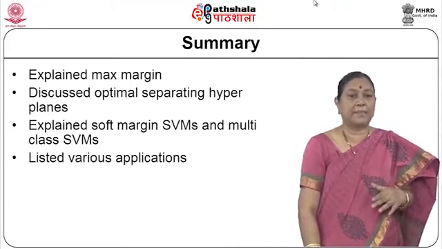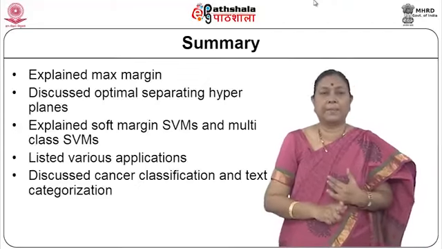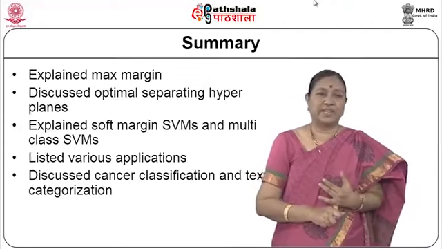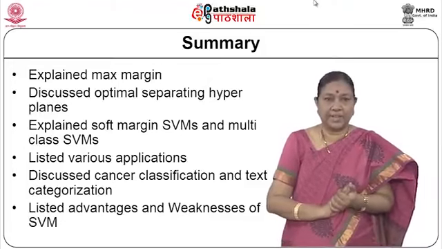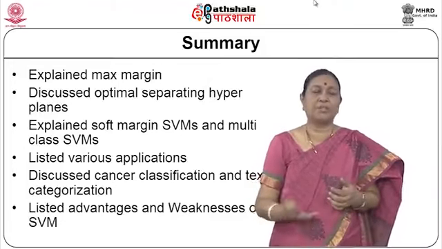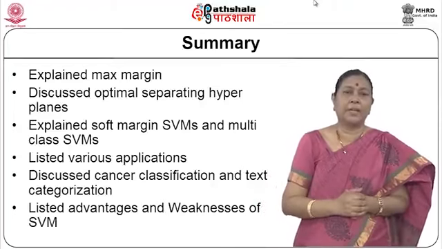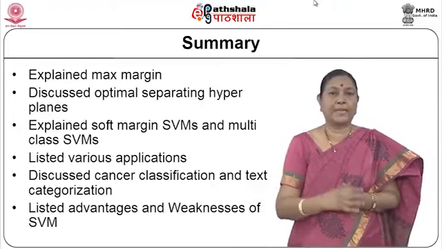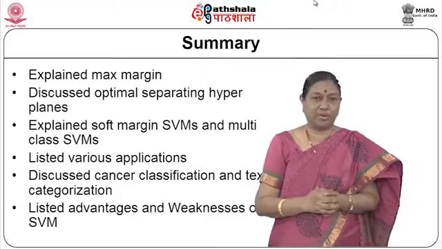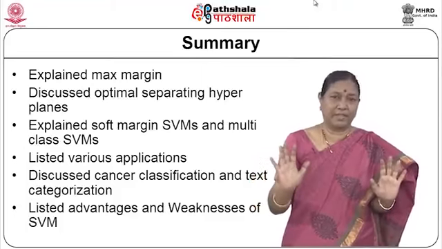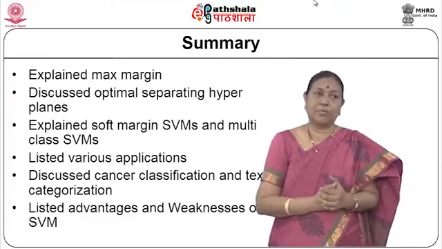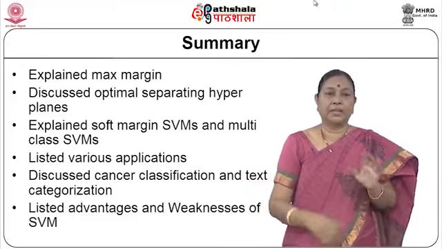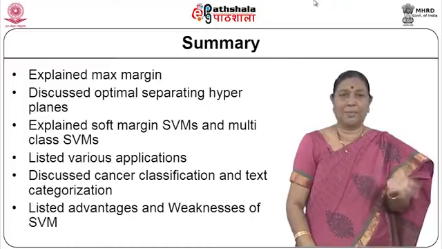We listed the various applications and we discussed two particular applications, cancer classification and text classification. And we listed some of the advantages and also some of the weaknesses, major among them being that even with small misclassification you can go wrong, and selecting the kernel function. We said that if you have a kernel function it will work well, but selecting that kernel function was an issue.